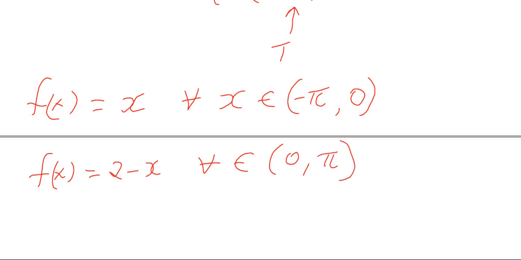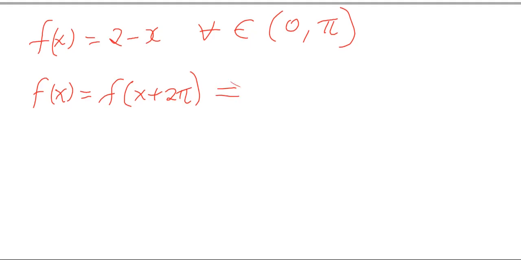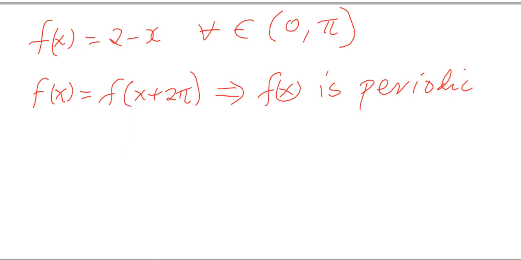Then the last statement says that f of x is equal to f of x plus 2 pi. This one simply says that the function is periodic. This implies that f of x is periodic with the period T equal to 2 pi. So the function is periodic with period 2 pi.